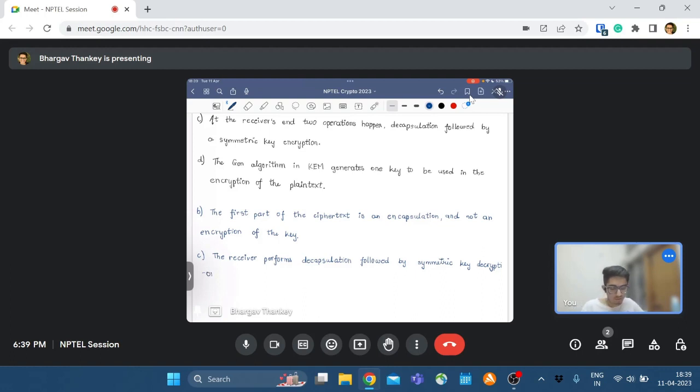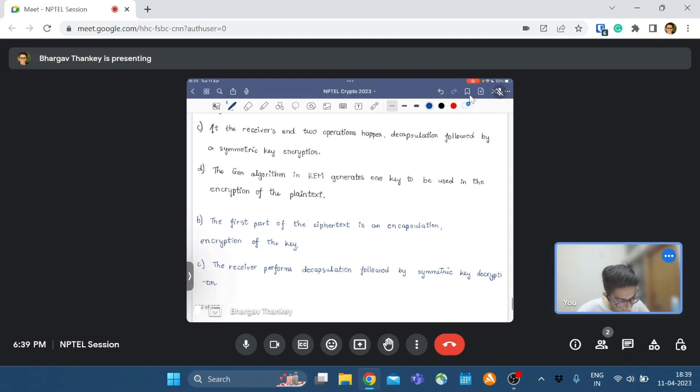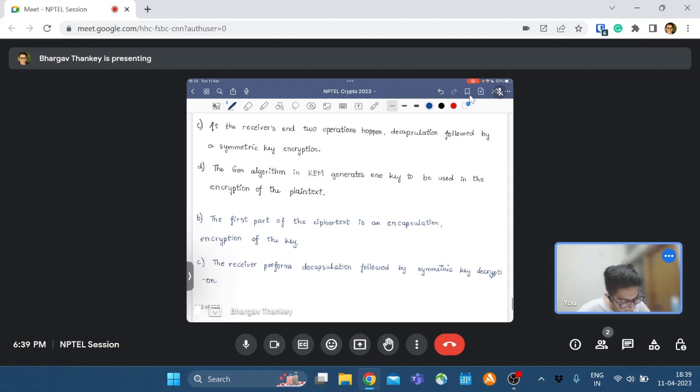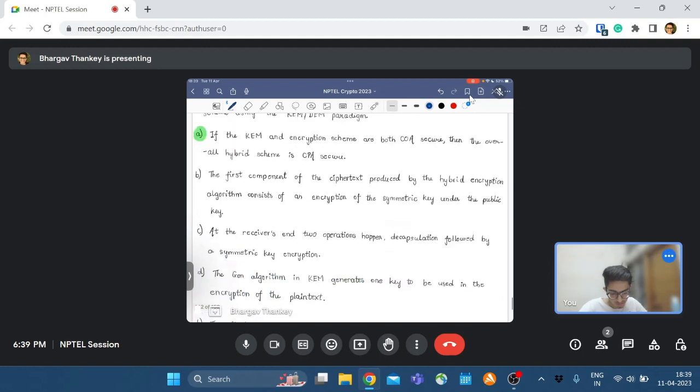So in option C, if the word encryption had been replaced by decryption, then it would have been correct. But option C as it is, is false. So C is also false.